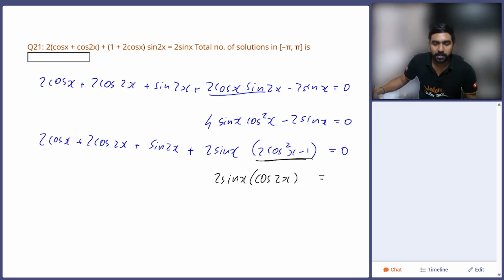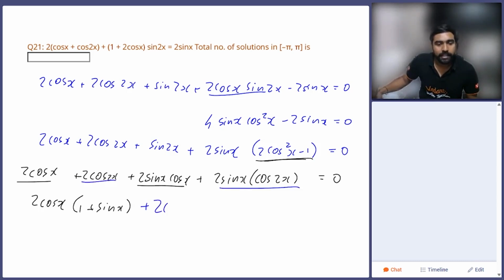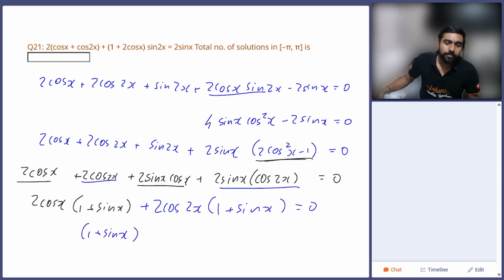So I have 2 sin x into cos 2x. This sin 2x, I can write it as 2 sin x cos x, plus this 2 cos 2x, let's keep it as it is for now, plus 2 cos x. Okay, I can take 2 cos x common from here and I will get 1 plus sin x. And over here, I can again take 2 cos 2x common, which will give me 1 plus sin x. This gives me 1 plus sin x into 2, I will take it common, cos x plus cos 2x equals to 0. Finally, we are reaching somewhere.